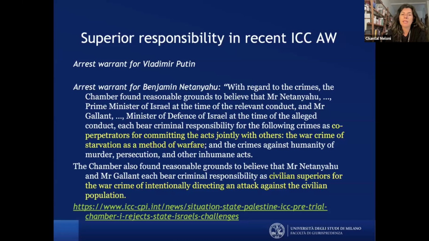So you see, specifically with regard to the intentional directing of attacks against the civilian population, there is this recourse to Article 28, which means that the two suspects are found to be responsible as civilian superiors for not having taken the necessary and reasonable measures in order to prevent or punish specifically this crime of attacking intentionally the civilians.